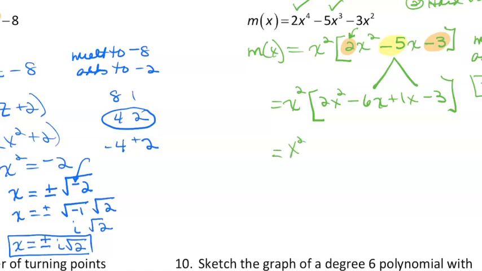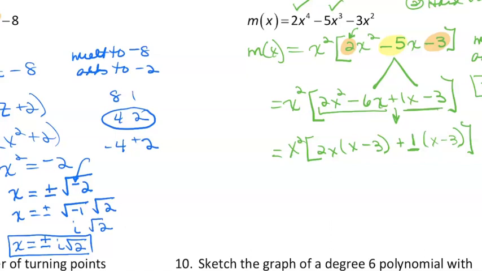X squared is still coming along for the ride. Look at your first pair. My first pair has a 2x in common. I'm going to get x minus 3 back. Bring down that operation. I tend to just make these match because it's supposed to match if I'm doing it correctly. What number goes here to give me this back? And you should be saying a 1.